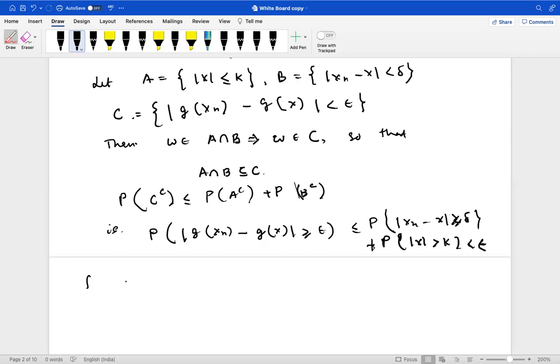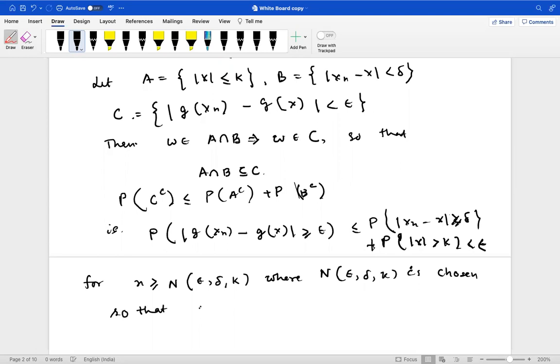Now, if you take any n greater than or equal to some n which depends on epsilon, delta, and k, all three, chosen as above, so that the probability of modulus of Xn minus X greater than or equal to delta is strictly less than epsilon by 2, then we have epsilon by 2 and another epsilon by 2, and the probability of this being greater than epsilon is less than epsilon.